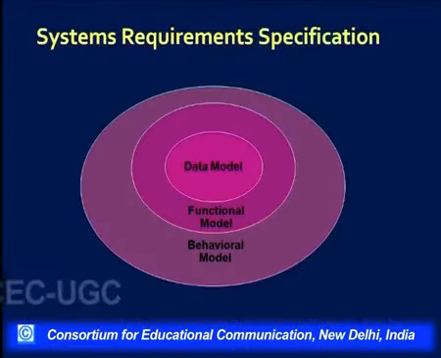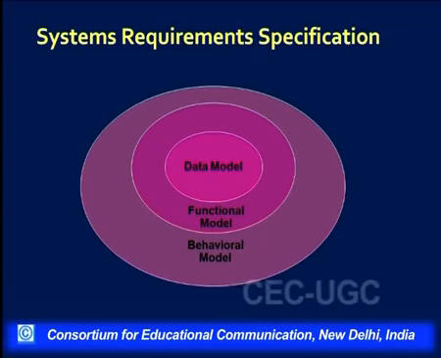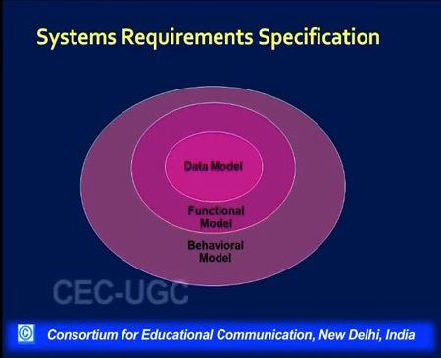understand easily. So basically, if we talk about the requirement specification document, you can understand that it has 3 layers. Firstly, the data model, then the functional model, and then the behavioral model. The system requirement specification will talk about all 3 models, but it will not talk about how these 3 are interlinked or how they are going to work on each other.